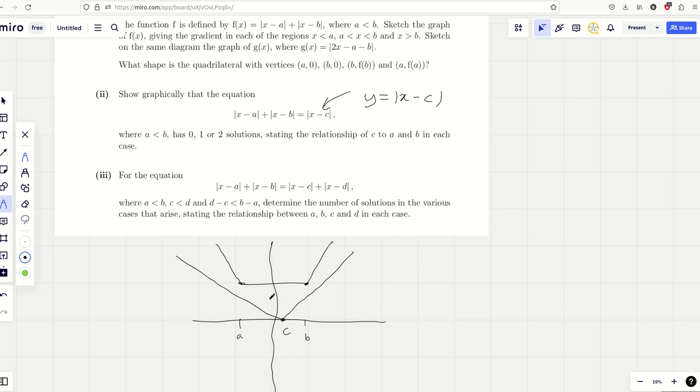That's just because the diagonals of a square have a gradient of 1 or -1. And so we can see straight away after sketching this what the answers are. You can say whilst a is less than c, which is less than b, it will have no solutions.